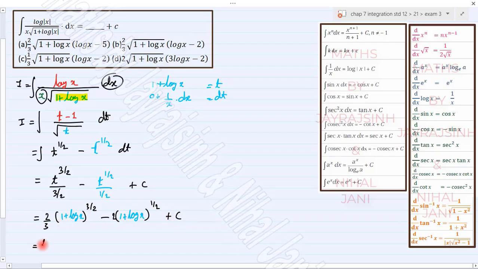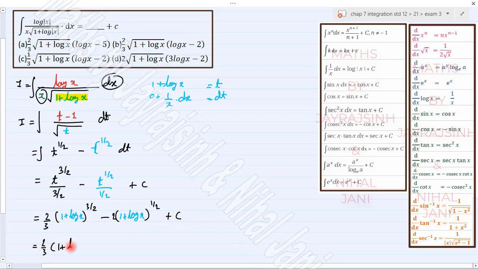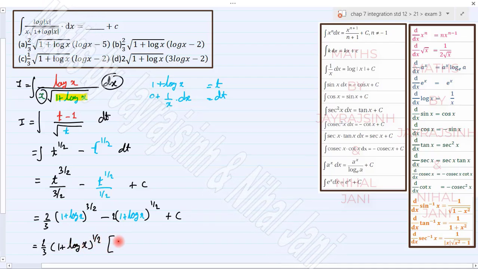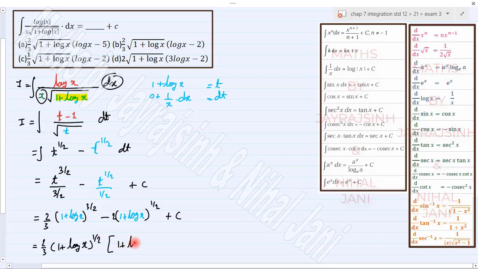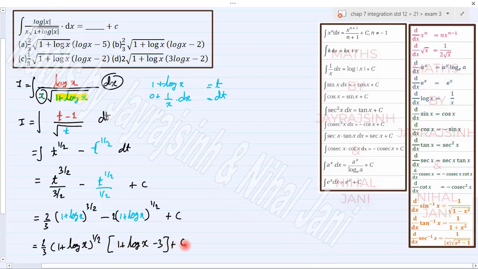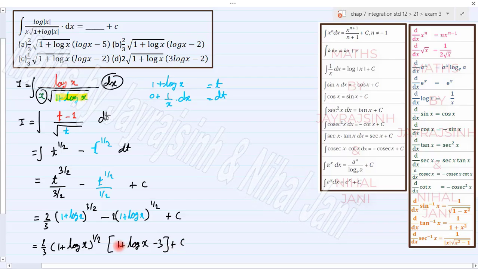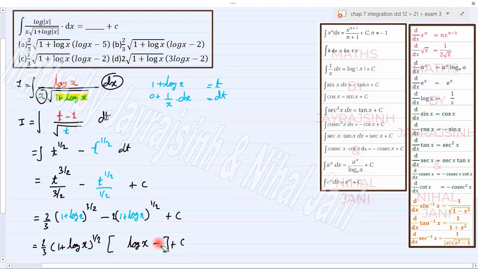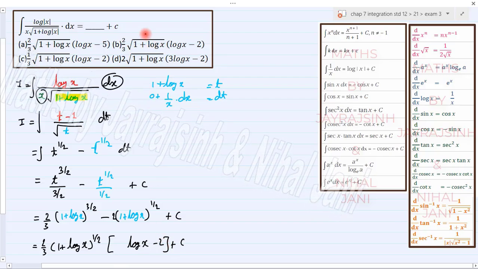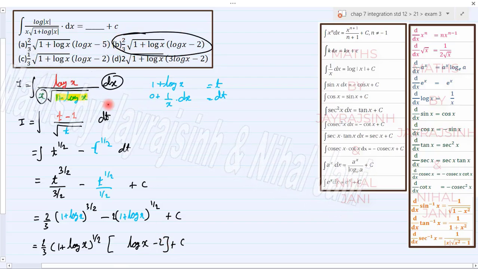Now if we take 2 by 3 (1 plus log x) whole raised to 1 by 2 common, we will get (1 plus log x minus 3), plus c, or we can say this 1 minus 3 is simply log x minus 2, which is given in option B. Ta-da!